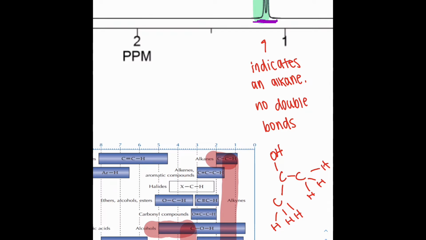And right here, these methyl groups are the farthest away from the alcohol group attached to that second carbon, so they're not going to have as much of those effects from the electronegativity of the alcohol group.